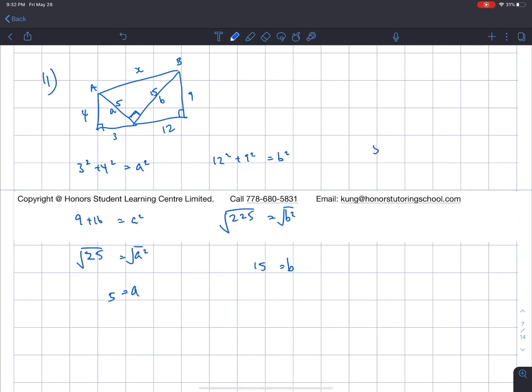Now we can say that 5 squared plus 15 squared, I'm just focusing on the last right triangle, equals X squared. 5 squared plus 15 squared is 250. So 250 equals X squared. And then square root both sides, we get X equals 15.8. So now we can say AB equals 15.8 centimeters.